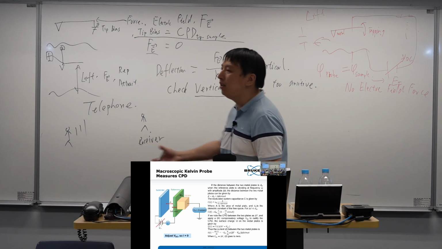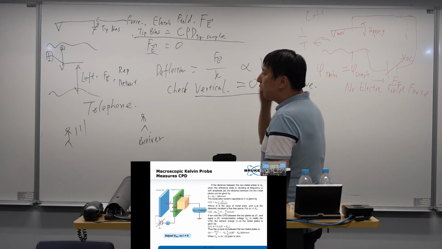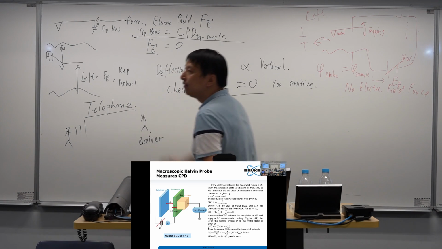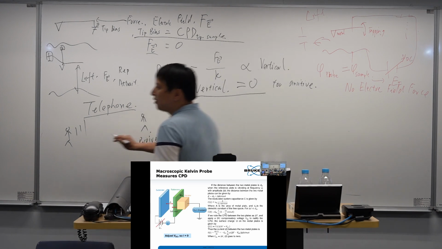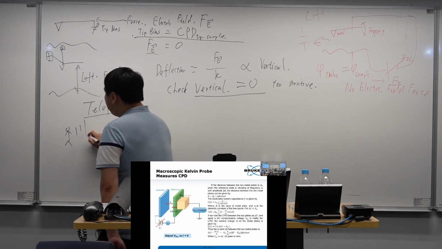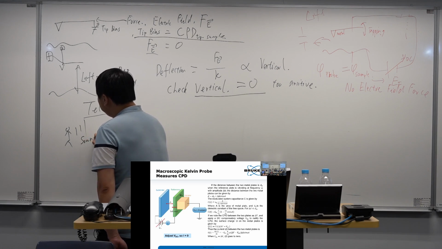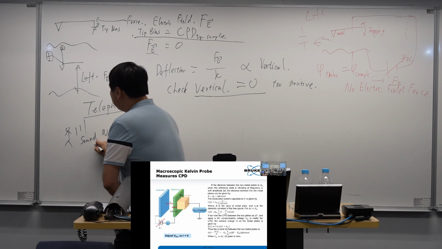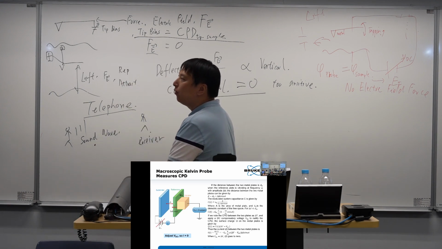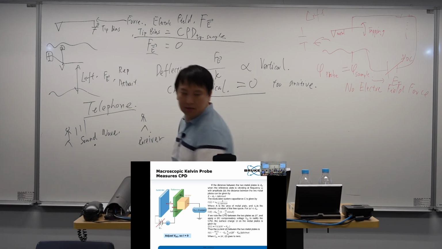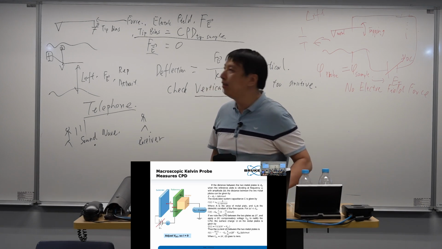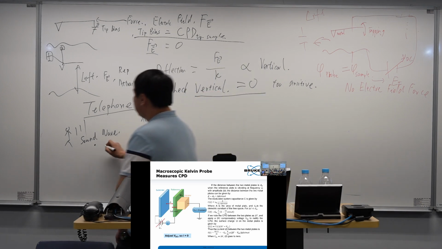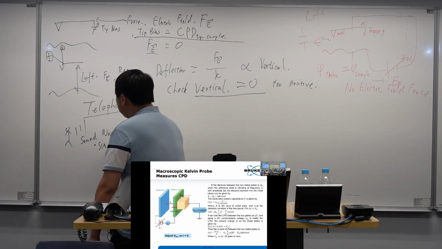So how do we do that? We combine our sound wave, multiplying it by a high frequency wave. For example, I don't know the exact frequency, but it's something about gigahertz. So I multiply it by a gigahertz wave.